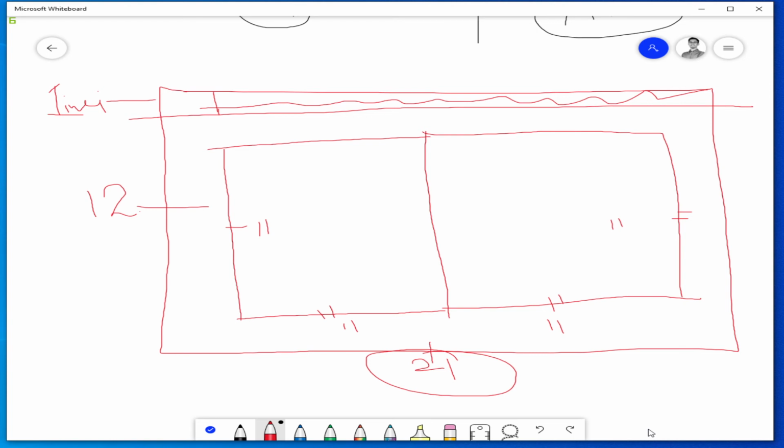Okay, good. So I want you to calculate, because we need this data.